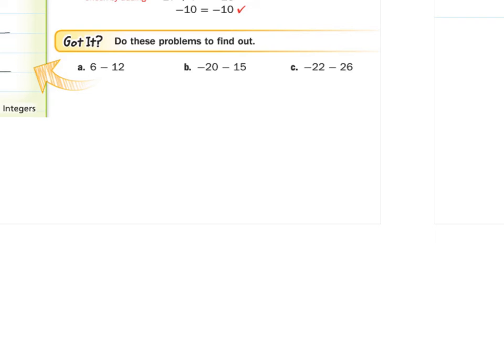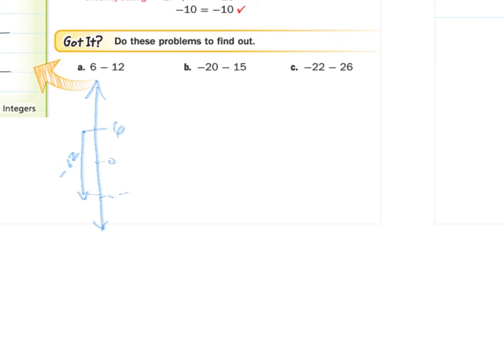Okay, so if we look at a number line as a vertical number line, if we start at 6, and we subtract 12 positives, that means we're going to go down. So we're subtracting 12, which means we're going to have 6 before we get to 0, and then we're going to have 6 more.